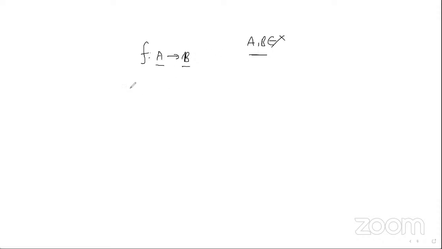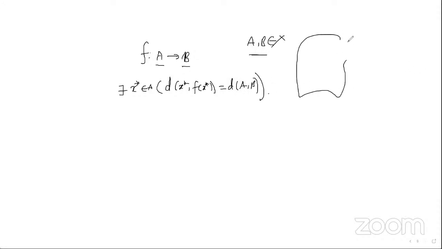That is equivalently saying that they explored the existence of a point x star in A such that the distance between x star and f of x star is the same as the distance between A and B. Geometrically, suppose this is A and this is B, we can find x star here and f of x star here.